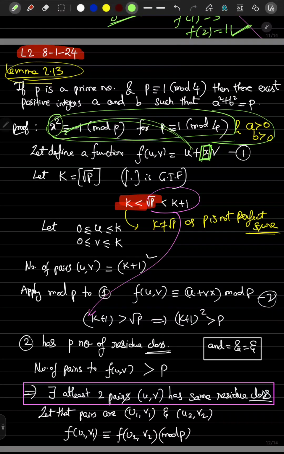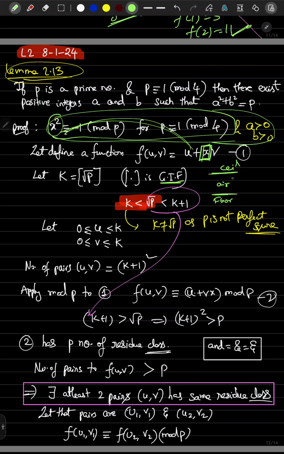So let's define k equals, this is called by some people GIF. GIF here is not the graphical interchange format; it is the greatest integer function, also known as the floor function. Just assume this is floor, this is air, this is ceil.